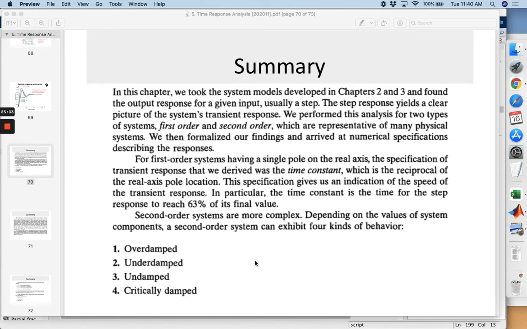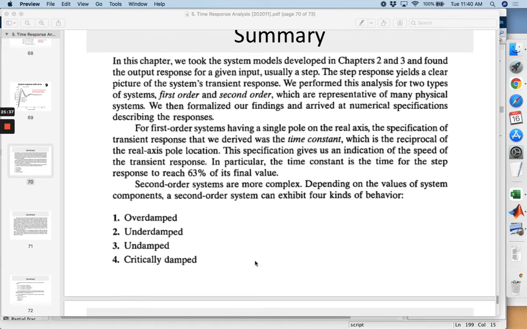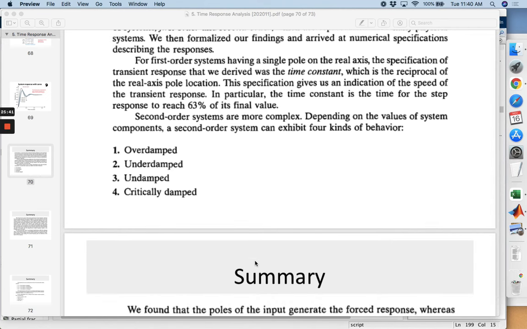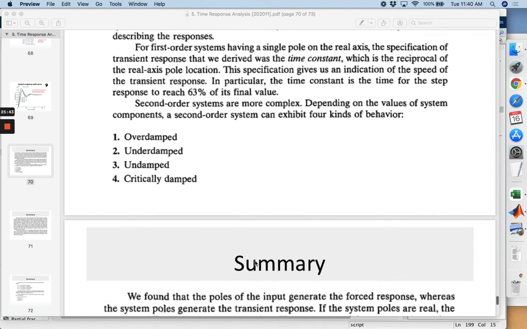However, for the second order system, the system becomes much more complex, and we can classify 4 types of response, which are overdamped, underdamped, undamped, and critically damped, based on the locations of the poles on the s-plane.